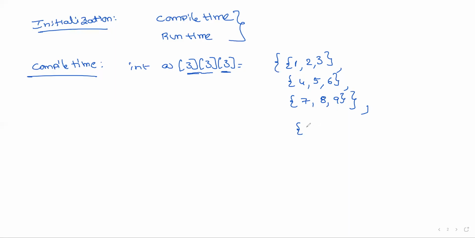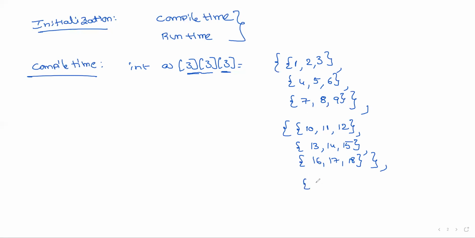Now 10, 11, 12, 13, 14, 15. Observe, then it is very easy. 16, 17, 18. This is a two-dimensional array.